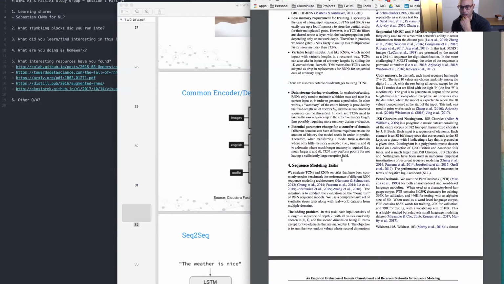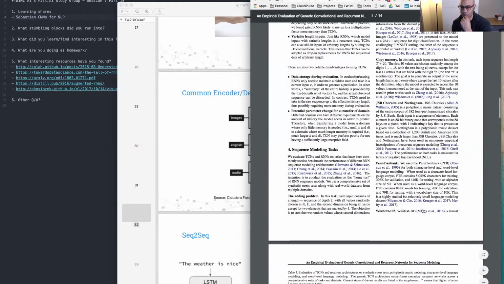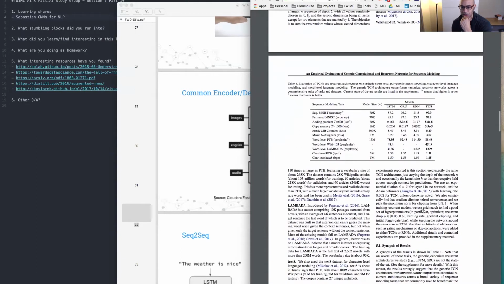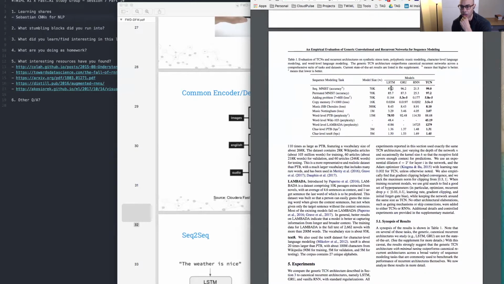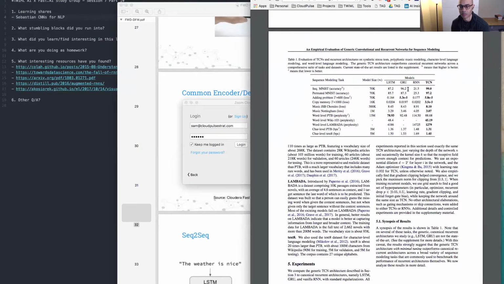And then they talk about these different sequential modeling tasks that can be used to benchmark this. And then they are comparing performance, like for MNIST, for 3 different types of RNNs, LSTMs, GRUs, and vanilla RNNs, and these temporal convolutional networks.